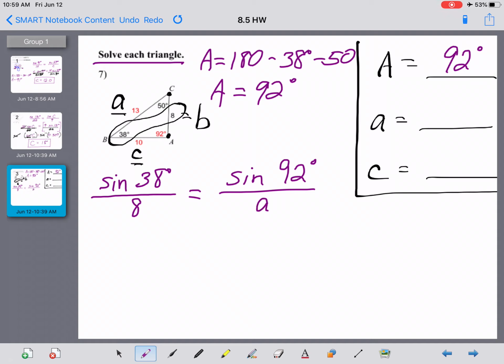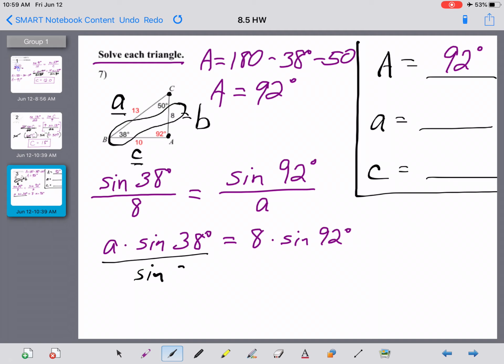There's your proportion. Let's cross multiply now. Little a gets multiplied by the sine of 38 degrees, and that product is equal to 8 multiplied by the sine of 92 degrees. And to get a by itself, we're just going to divide both sides by the sine of 38 degrees.